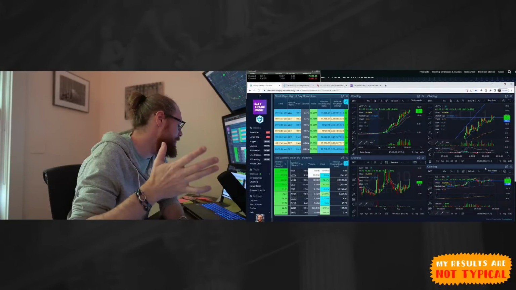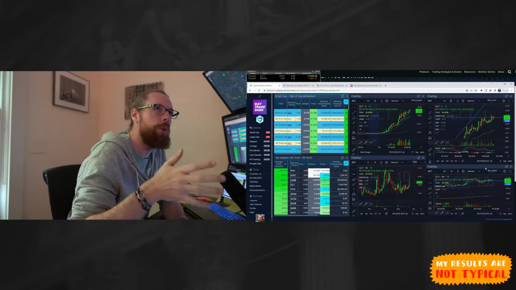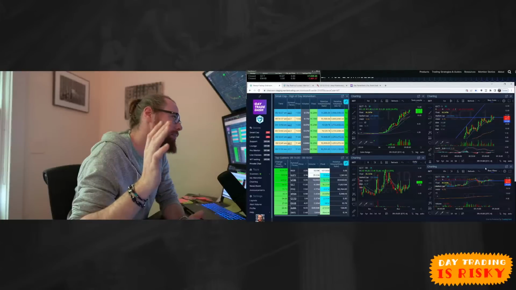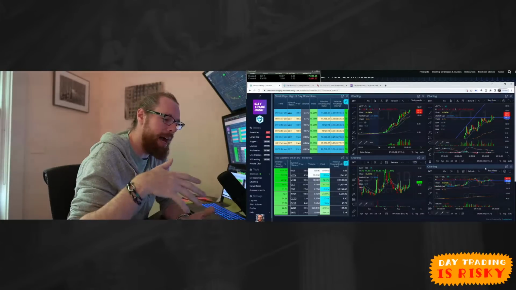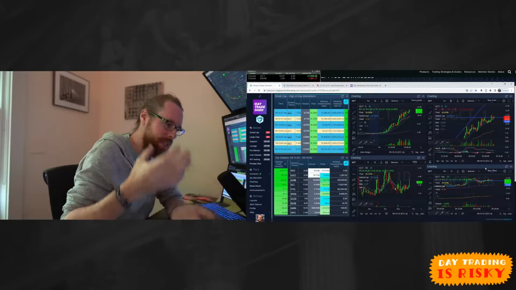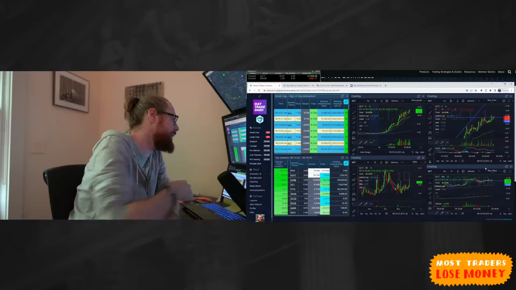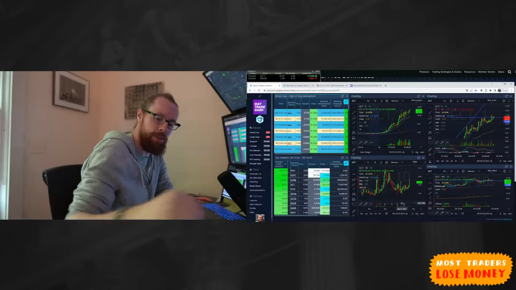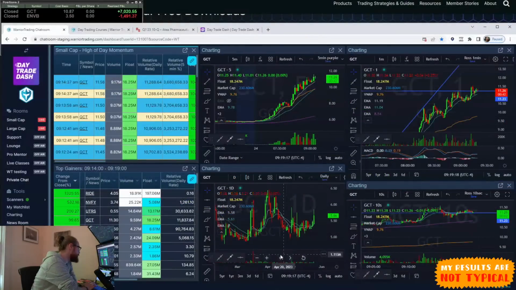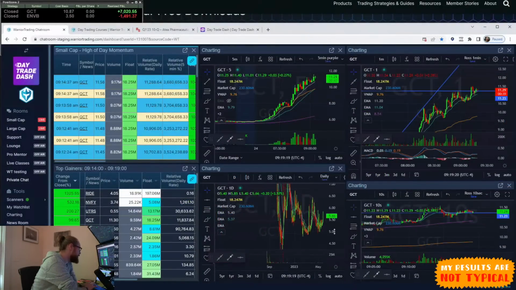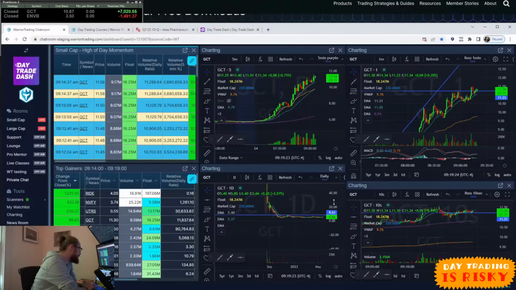And then the fifth is I like to see the float is under 20 million shares, and lower is better because less supply means with an imbalance with high demand, we see bigger moves. So when you see a stock like GCT, this one's got a lower float. It's not super low, but it's also got a special momentum factor, which is that it's a somewhat recent IPO.